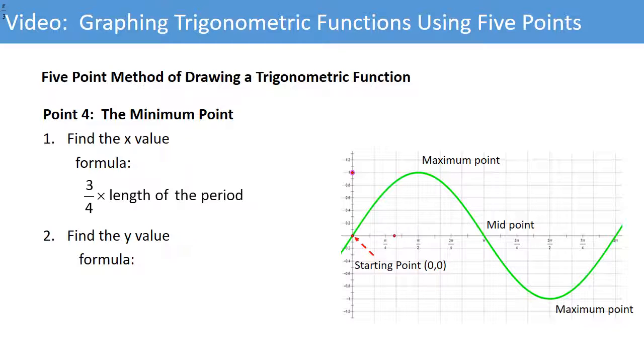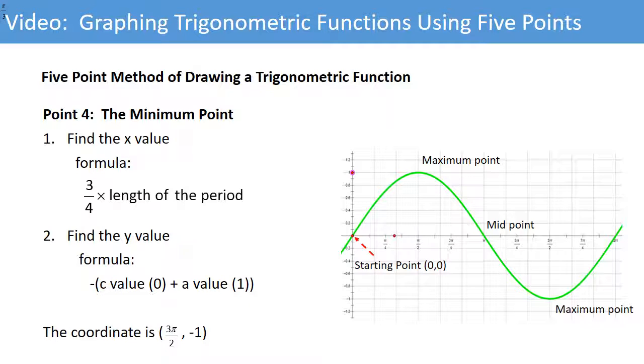Find the y value, the formula, minus, in brackets, c value plus a value. This would be minus the c value of 0 and the a value of 1. The answer, -1. So the coordinate is 3 pi over 2 and -1.